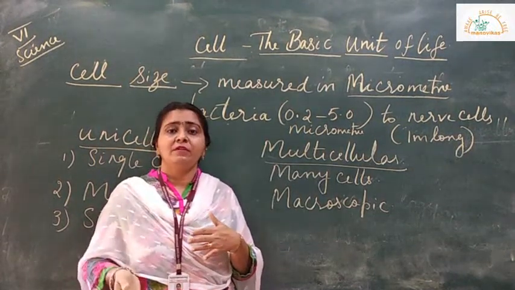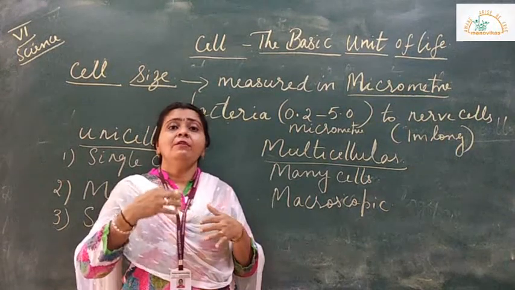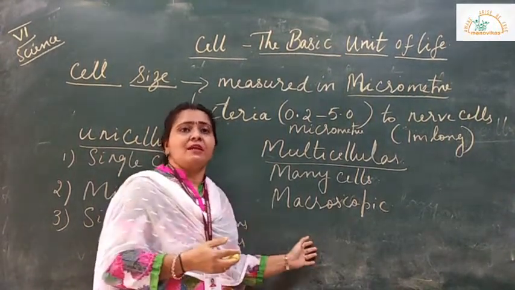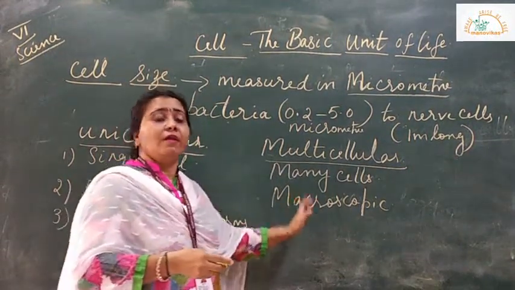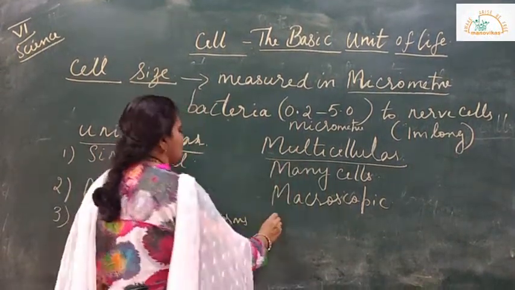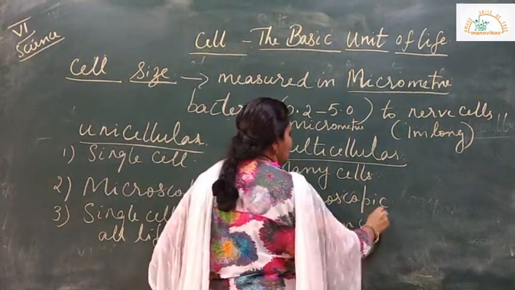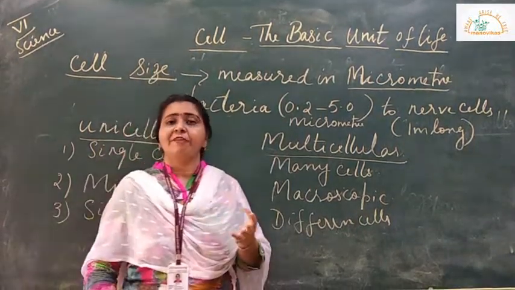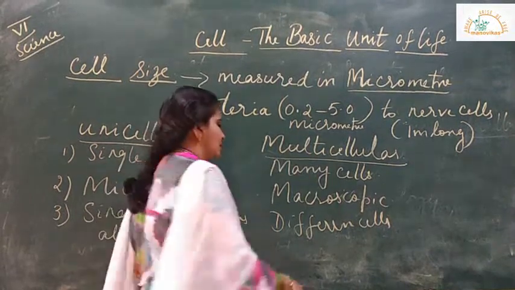The kidney performs a different function, the heart performs a different function. So different cells vary to perform different functions in multicellular organisms.